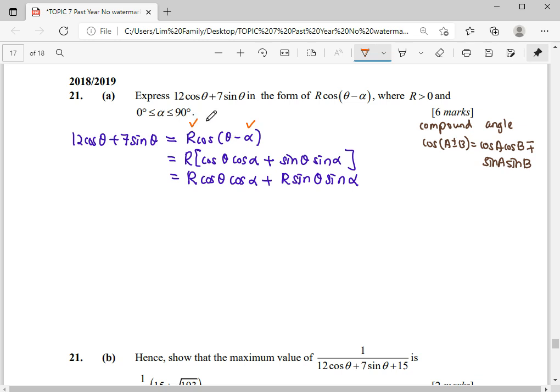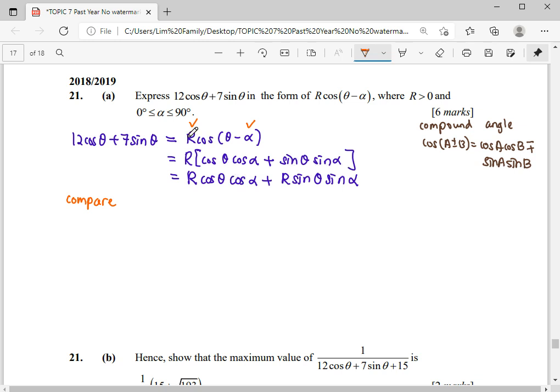So from here, we have to find out two pieces of information: what is our constant R and what is our angle alpha. When we have two constants to find, we have to build up two equations. Therefore, how do we build the equations? We need to compare our expanded form with the compound angle form.